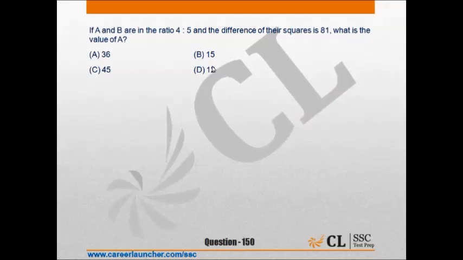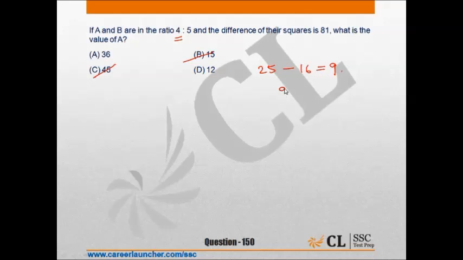The next question is, if A and B are in the ratio 4:5 and the difference of their squares is 81, what is the value of A? We are pretty much sure that if A is in the ratio of 4, then the value of A would be a multiple of 4. So option C and option B are eliminated. Now we have 5 square, that is 25, minus 16 is equal to 9.